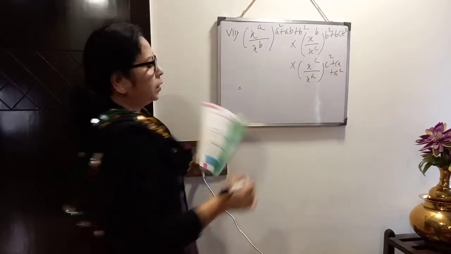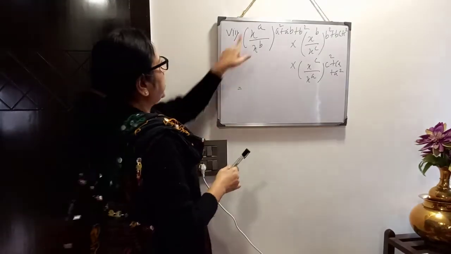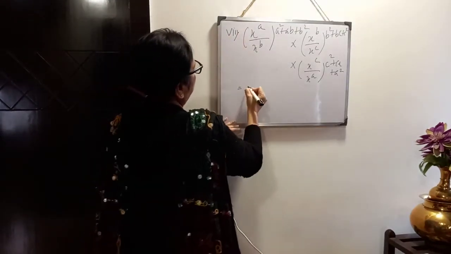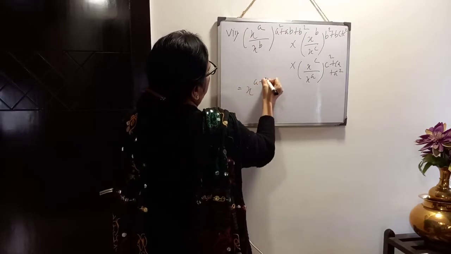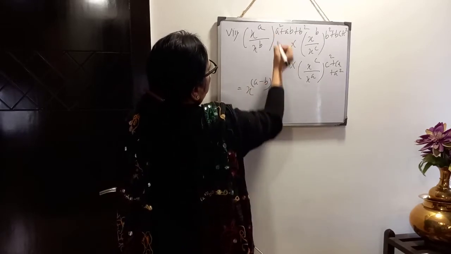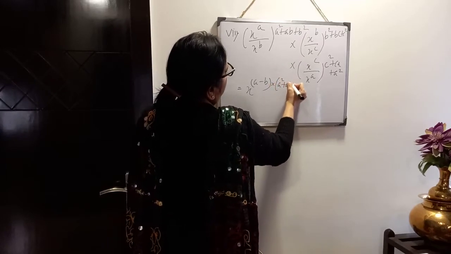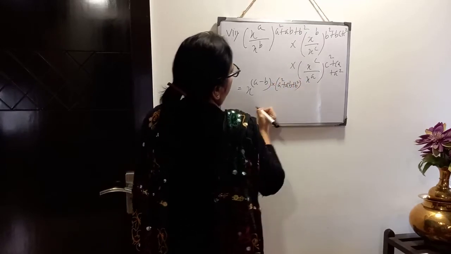Now you see here, same base. So we can subtract the power. So it will become x to the power a minus b. Clear? Into, that is into a square plus ab plus b square.